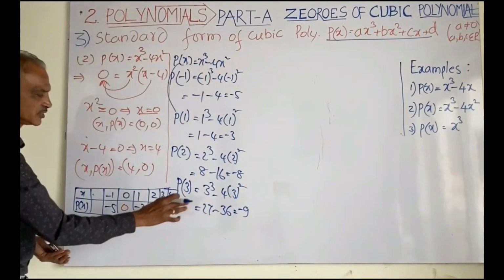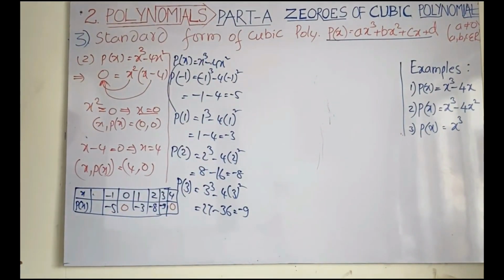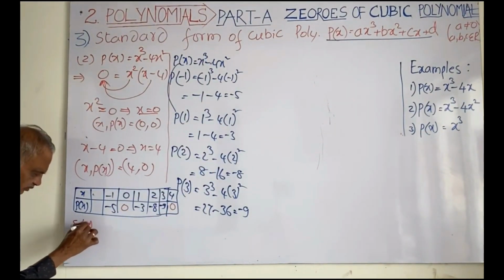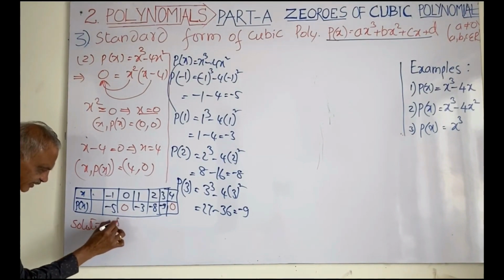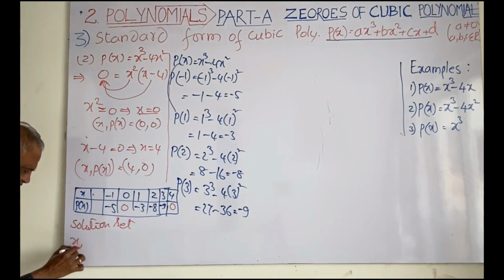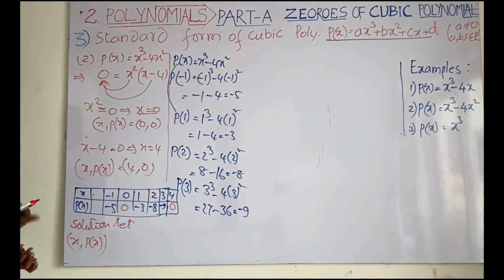With the help of the solution set, what is the solution set here? Always remember x, p of x. There is no y, but we are naming it as y. X coordinate, y coordinate.